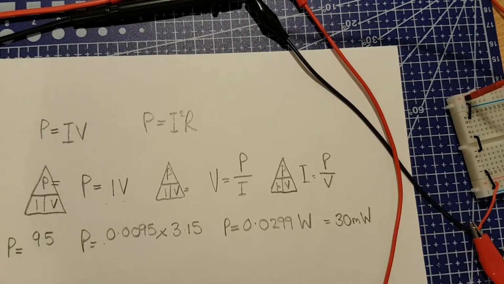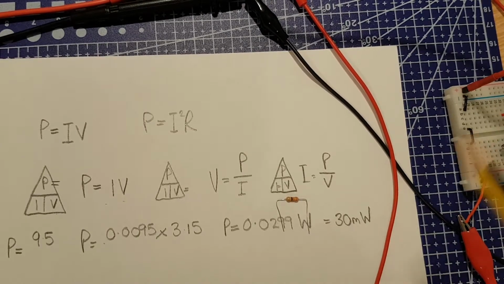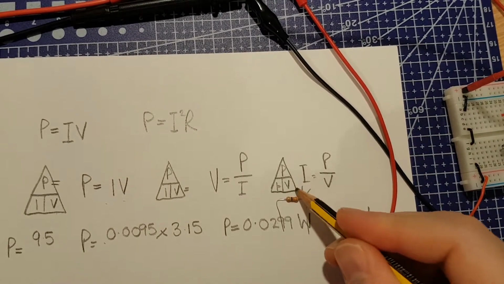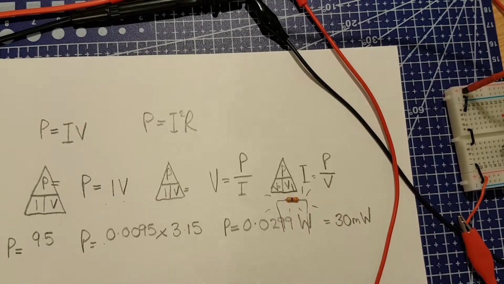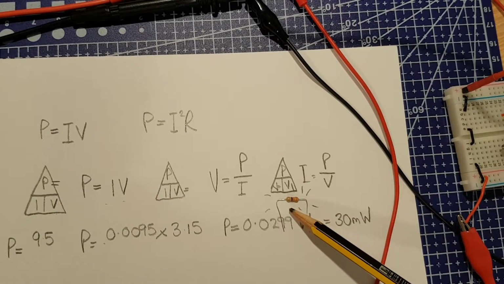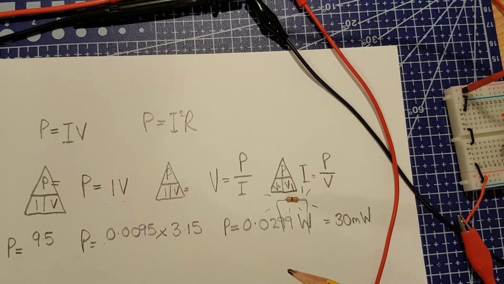Rounded up, it's 30 milliwatts. So we're getting 30 milliwatts dissipated as heat through this resistor. This sort of size resistor is 1/4 of a watt, which is 250 milliwatts. So that is well within tolerance.